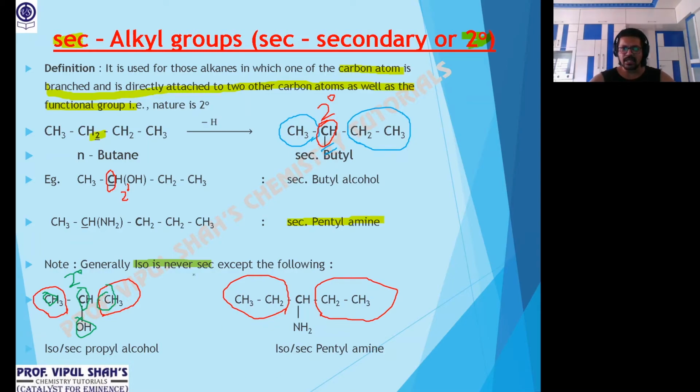This center carbon atom, can I say it's attached to two other carbon atoms, one here and one here? And it's also attached to the functional group. The nature of this carbon will always be 2 degree. Correct? Got it? So whenever any branch carbon is attached to two similar alkyl groups and the functional group directly, that's iso as well as sec.